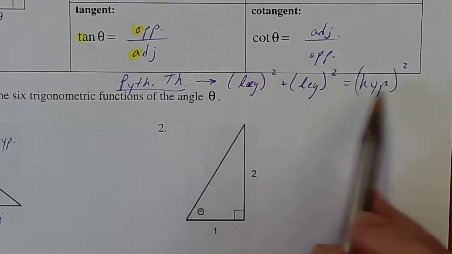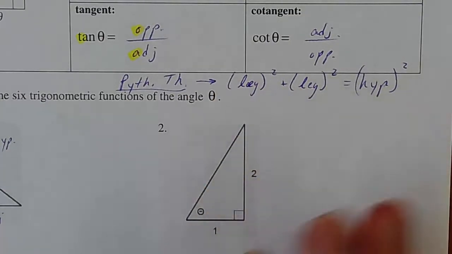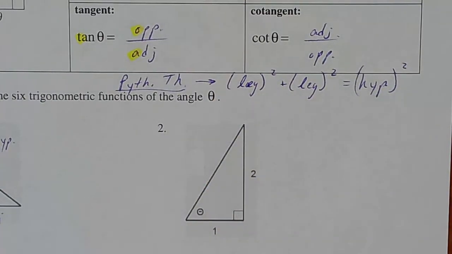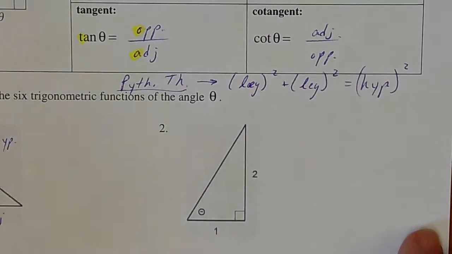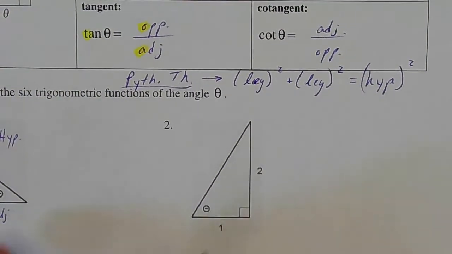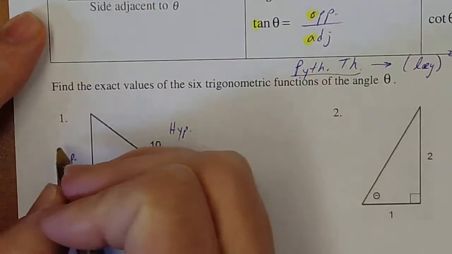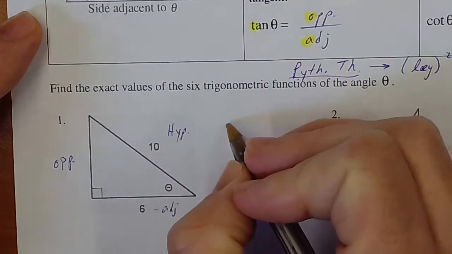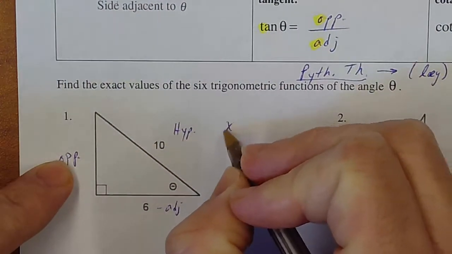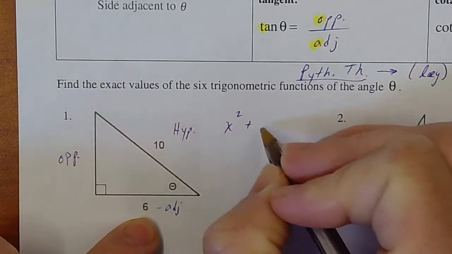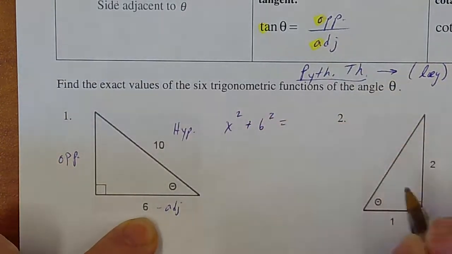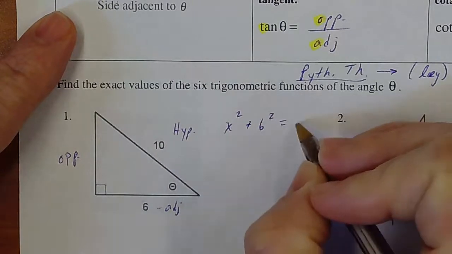But when I refer to this, I'm usually going to use these terms so that we're not confused by the variables, just the concepts. So we need to find this unknown side. I'm just going to call it x. So leg squared plus leg squared equals the hypotenuse squared.